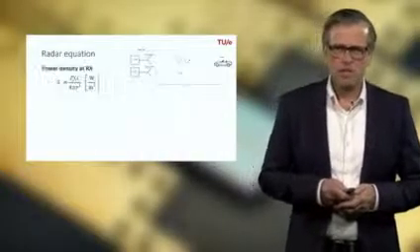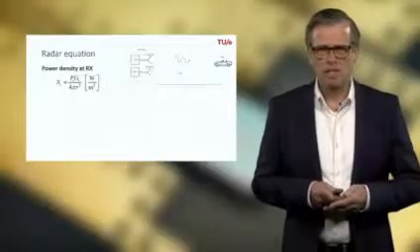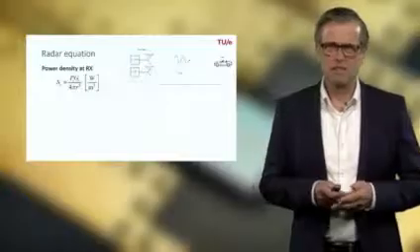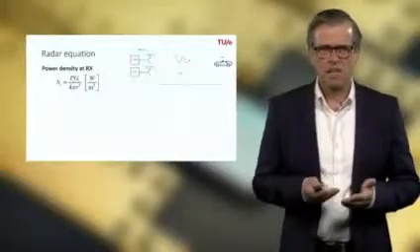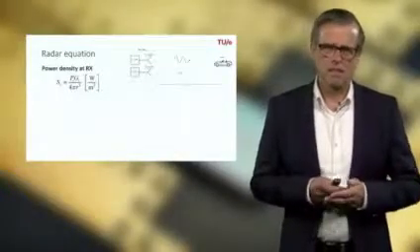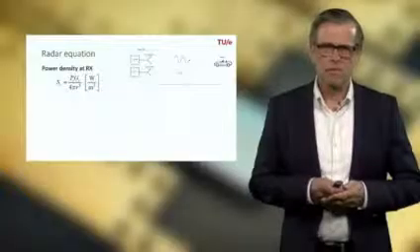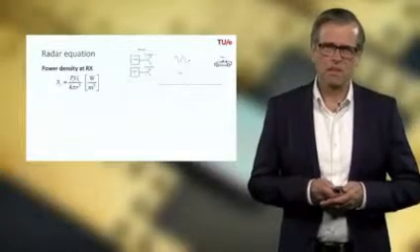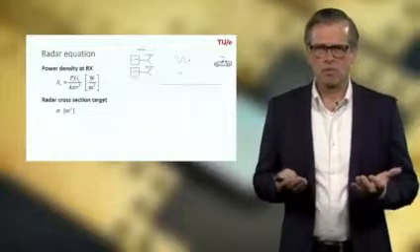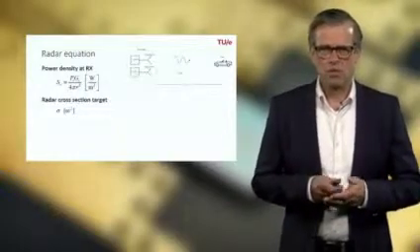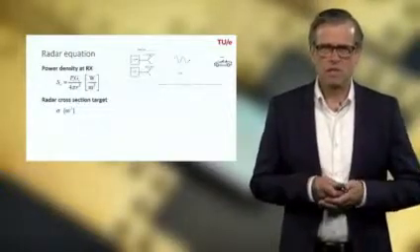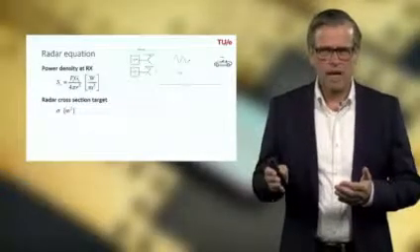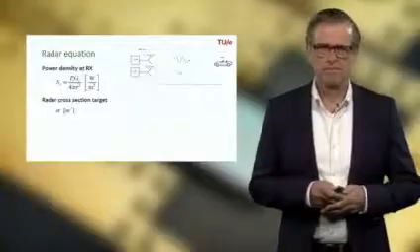Now the radar equation is derived in a similar way as the radio equation. We first look at the power density at the target, which is identical to the case of the radio equation. But the target is of course not a receiving antenna, but is characterized by a radar cross-section. The radar cross-section, sigma in square meters, is a measure for how much energy is reflected back towards the radar.